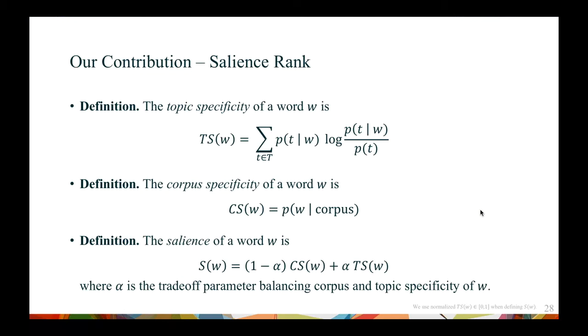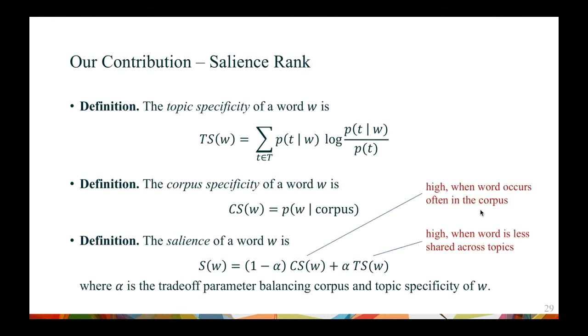This is a value which you can select based on your application. Again, the idea is that the corpus specificity will be high if the word occurs a lot in your corpus, very frequent. And the topic specificity will be high if the word is shared less across different topics.